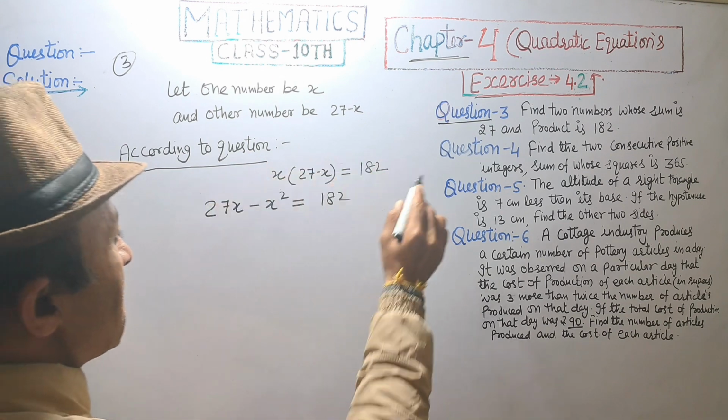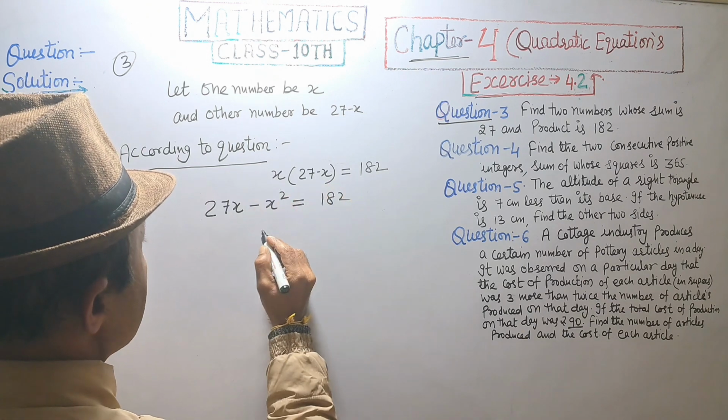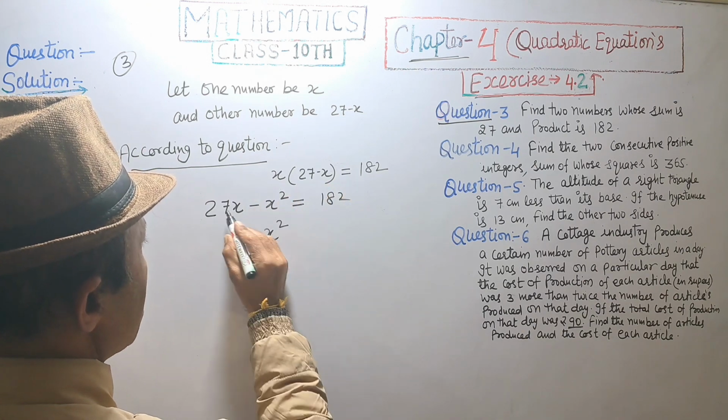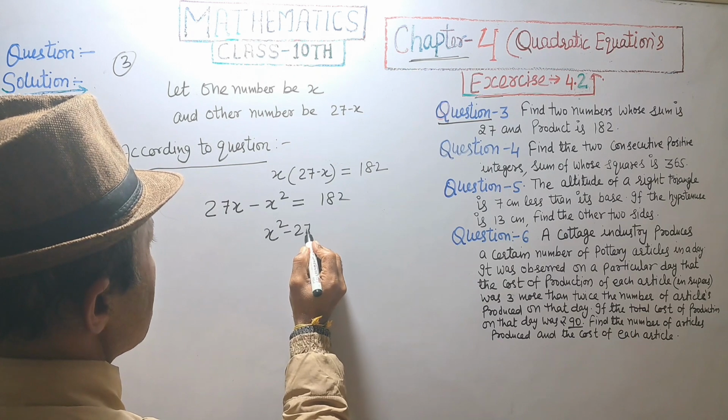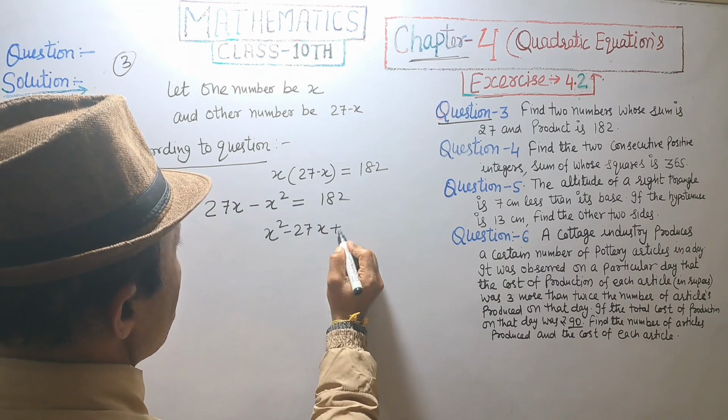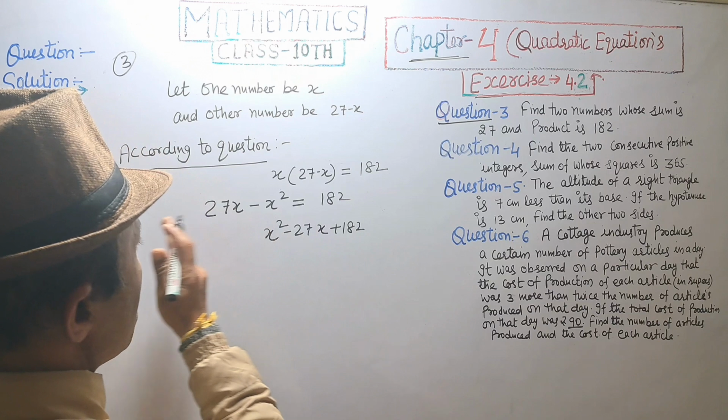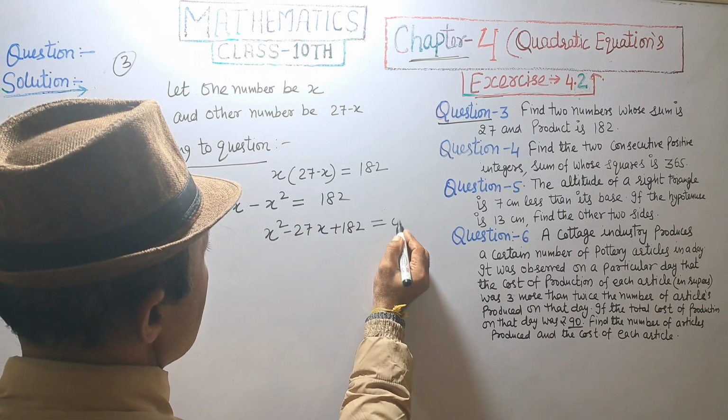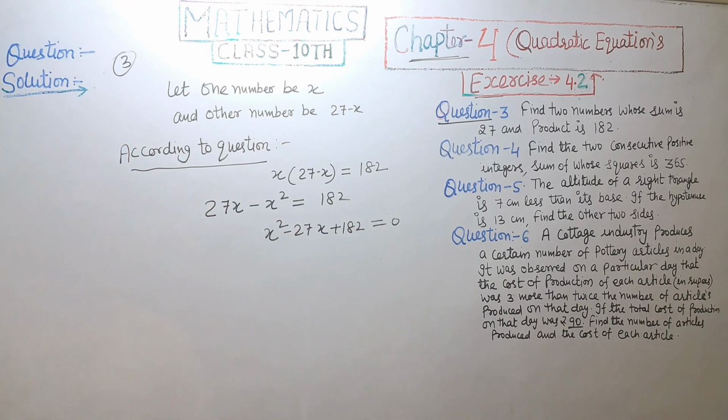We are shifting it to the right side: x square positive, minus 27x negative, plus 182 equal to 0.